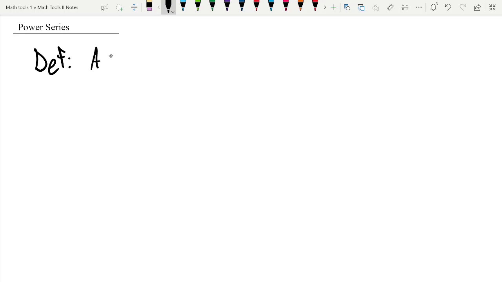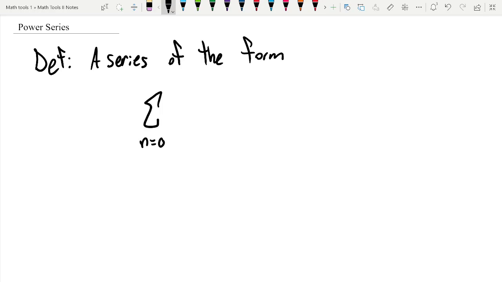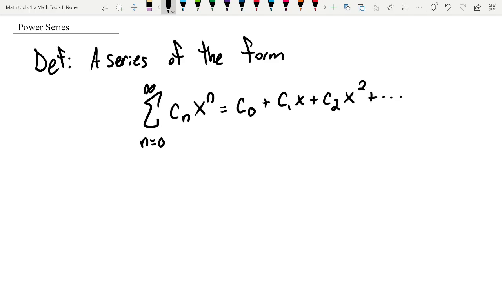A series of the form, the sum from n equals 0 to infinity of c sub n x to the n. So this will have the form c sub 0 plus c1 x to the 1 plus c2 x squared, etc.